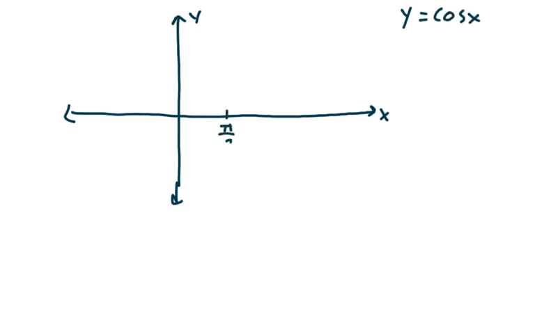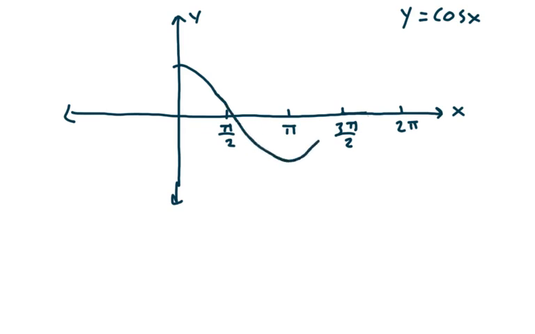I'm going to put a pi over 2 here, a pi, a 3 pi over 2, and a 2 pi. And when I do that, I get the following. This is the graph of y equals cosine x.